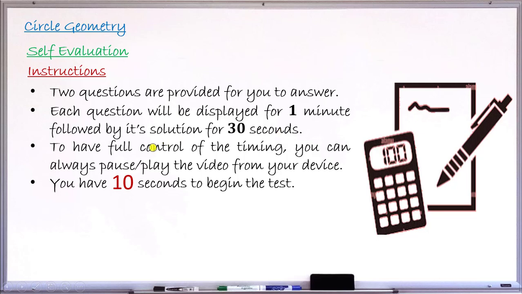But you can control the timing, delaying the display of the question or the solution, by simply pausing the video, and you can play the video to resume. If you are ready, you have just 10 seconds to begin the test.